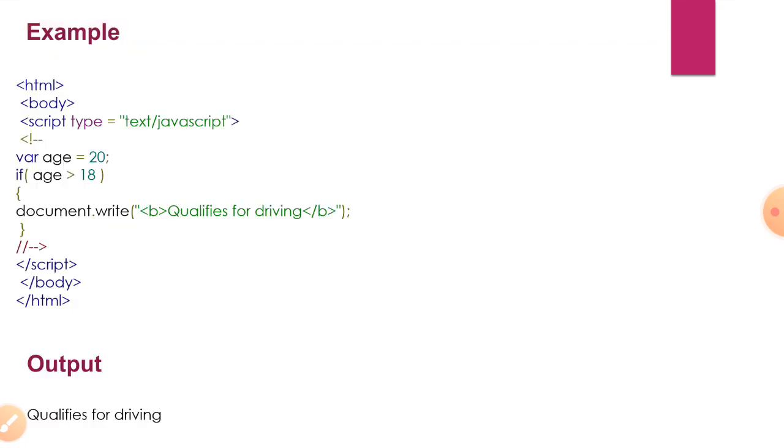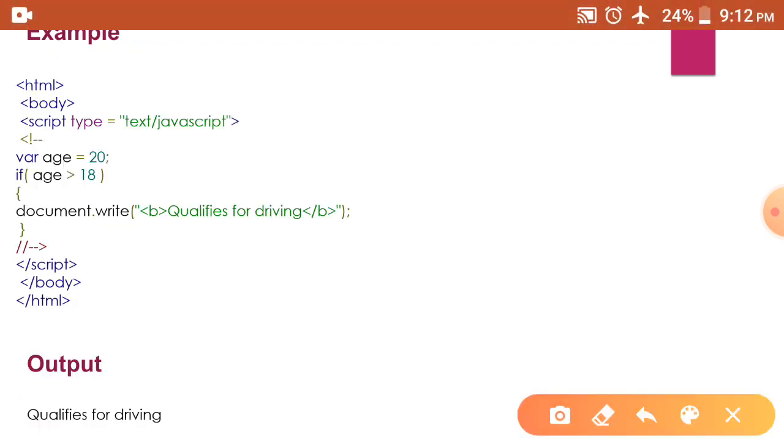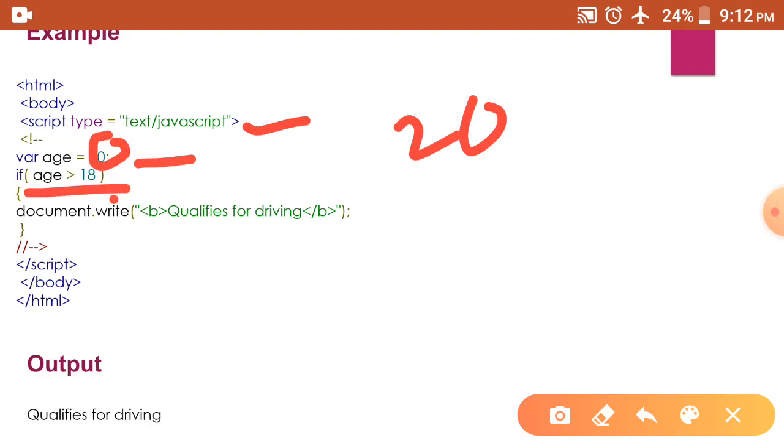So for example, here we have HTML, body, script type equal to JavaScript. Here I am taking one variable known as age, equal to 20. I have assigned it as 20. Then if age is greater than 18, here we are checking the condition, then we write document.write, qualifies for driving.